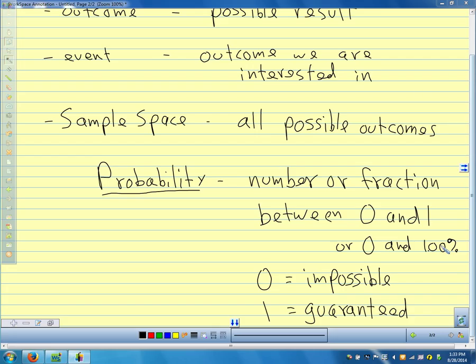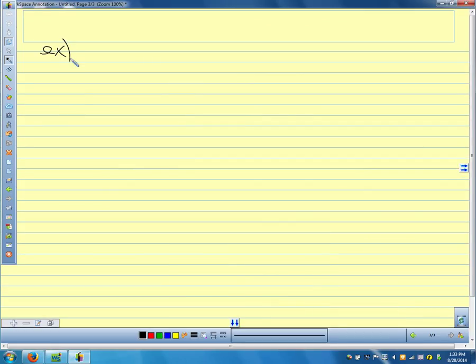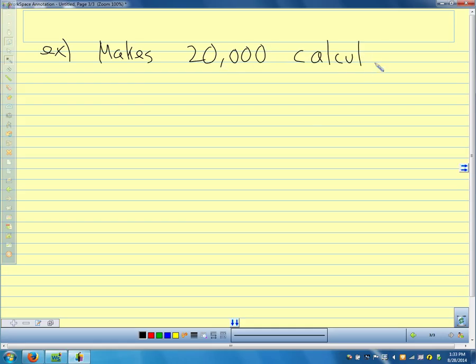All right, let's do a couple of examples. Calculating probability. So let's say we visit a calculator factory, and the manufacturer makes 20,000 calculators. We want to figure out how many are defective, but we don't want to look at all 20,000.